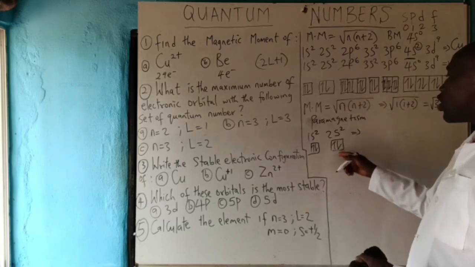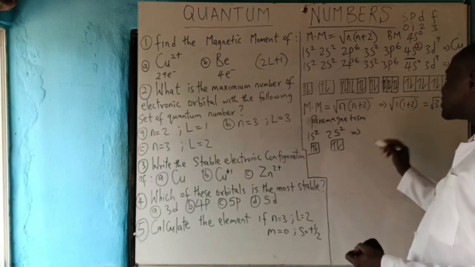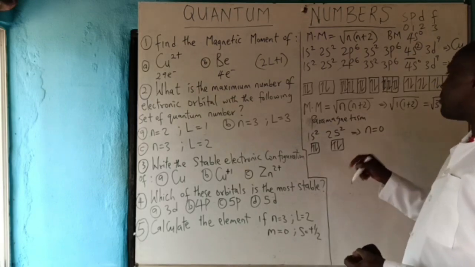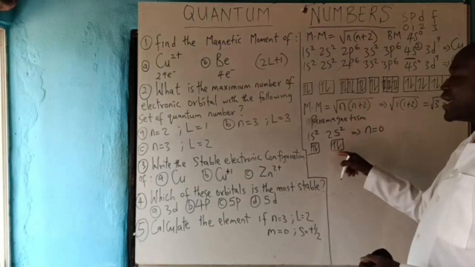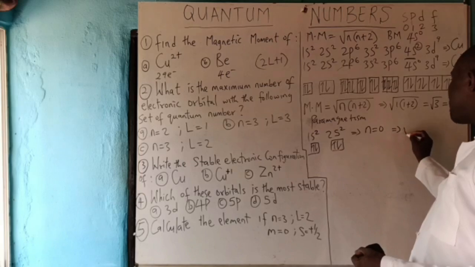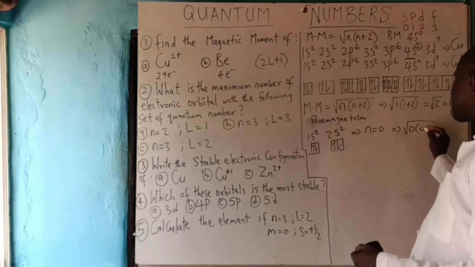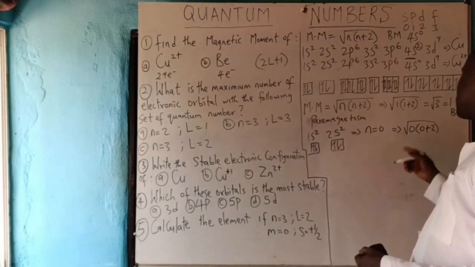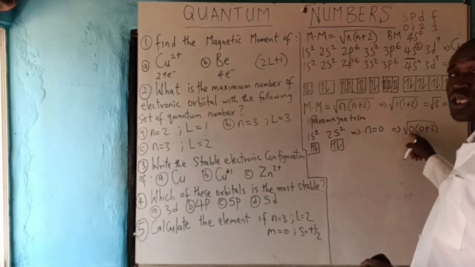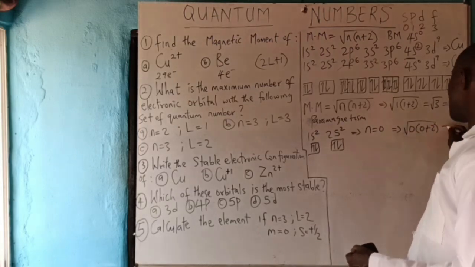And because there is no unpaired orbital, n is equal to 0. Therefore, the magnetic moment is the square root of 0 times (0 plus 2), which is 0 times 2, so 0. The square root of 0 is 0 Bohr magneton.